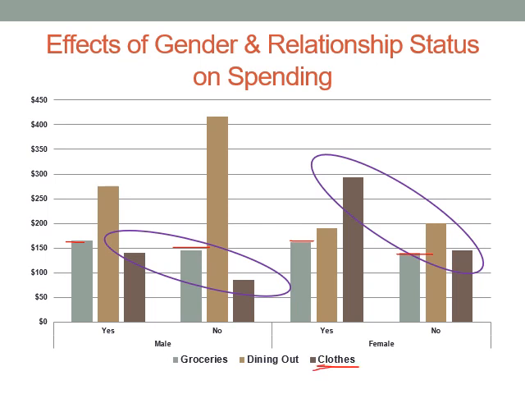When we look at clothes spending, these brown bars, people seem to spend more on clothing when they are in a relationship, regardless of their gender. So if we look at this comparison and this comparison, being in a relationship means that you seem to spend more money on clothing. Sometimes students predict that being out of a relationship, you have to spend more money here to attract a significant other.